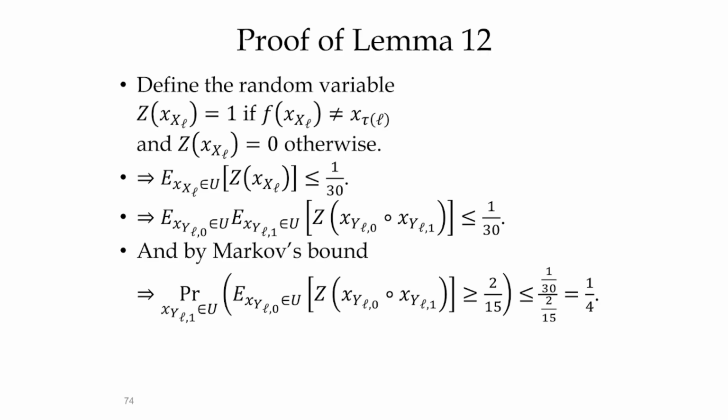And all of this, where we have a concatenation of x subscript Y L 0 and x subscript Y L 1, is also equal to 1/30. And by Markov's bound, we get this number.